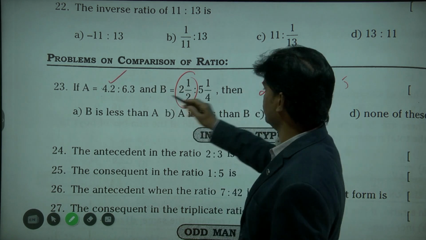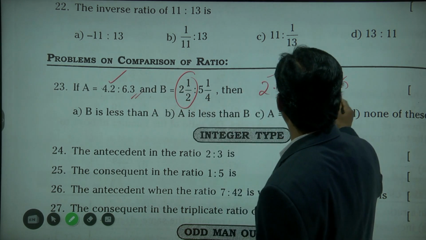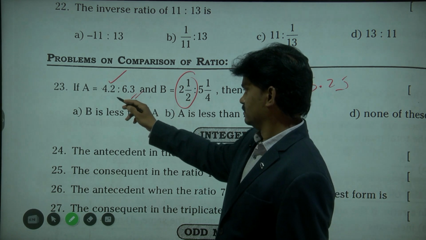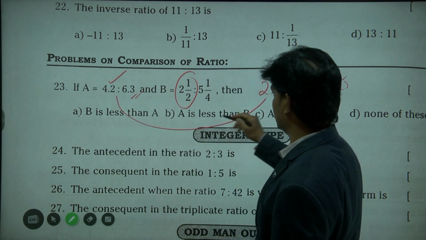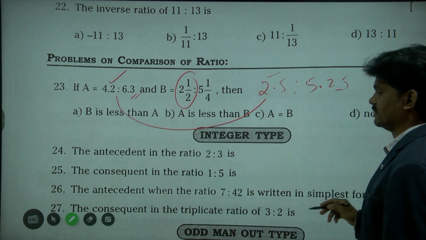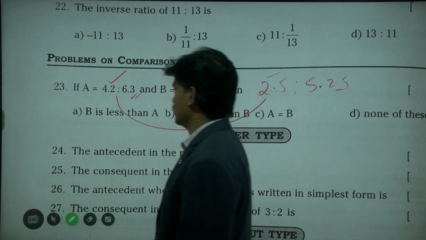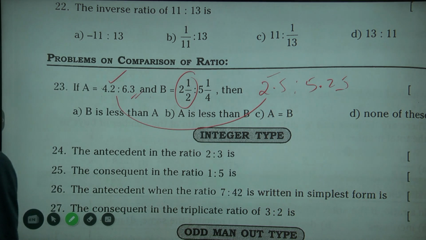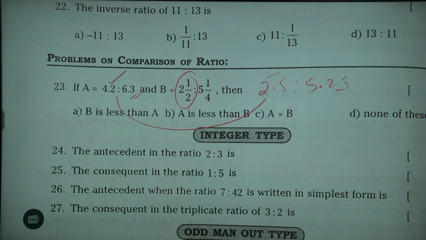4.2, 2.5, 6.3, 5.25. Multiply AD is to BC, like 4.2 into 5.25. Just multiply and 6.3 into 2.5. Then you will get the answer. So obviously they both are not equal.